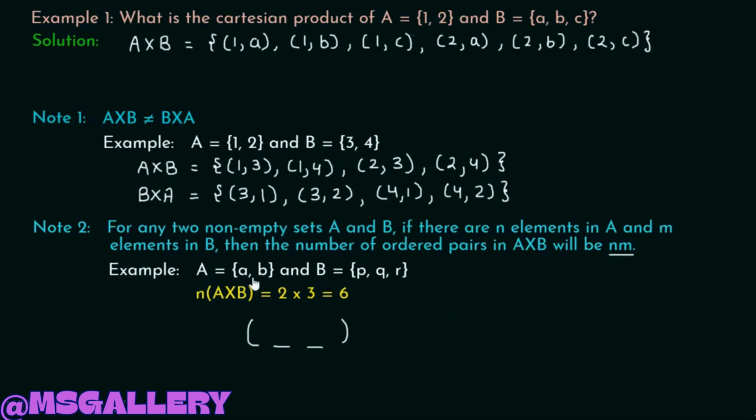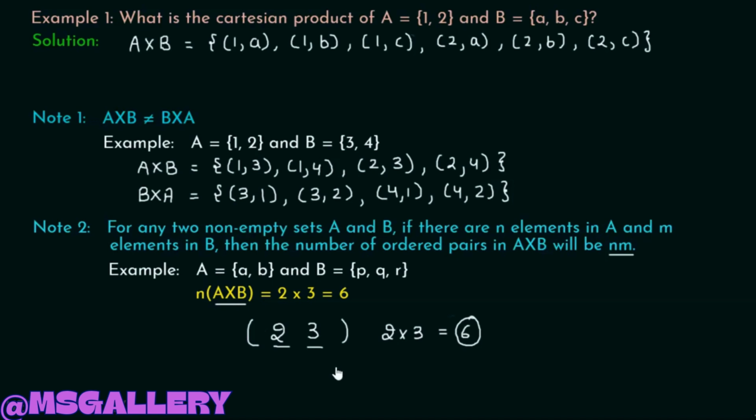We know that there are two elements in set A. So there are two different ways in which we can fill this position. And we know that there are 3 elements in set B. So there are total 3 ways in which we can fill this particular position. For every element of A, we have 3 elements of B. So it is clear that there are total 2 into 3, that is 6 elements in A cross B, right?